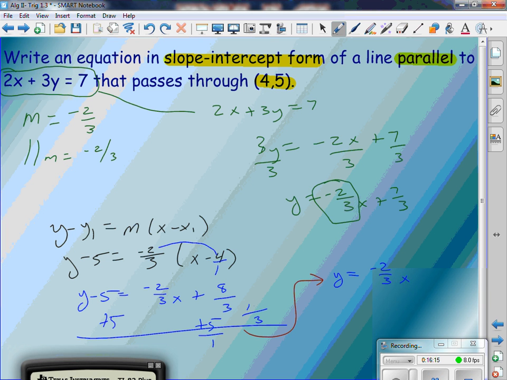So this becomes a 15. What's 8 plus 15? So plus 23 over 3. This is my answer. These problems are not bam, bam, done. You've got to do a little bit of work, and you've got to be careful. Make sure you're showing your steps and going through in order.